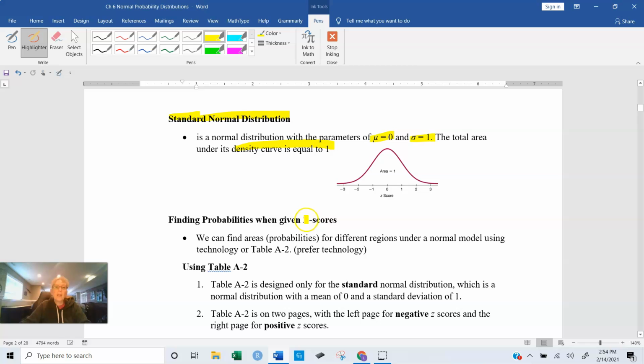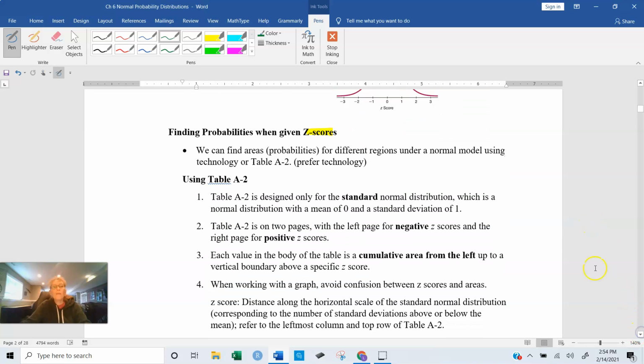Find the probabilities given a z-score. Now we can do this using Table A-2. If you noticed, your book came with this hard cardboard thing in the front, and you can use that if you do not have StatDisk handy. When you look at A-2 for a standard normal distribution, it has a mean of 0 and a standard deviation of 1. It's the only time this table works. Okay, it's on 2 pages.